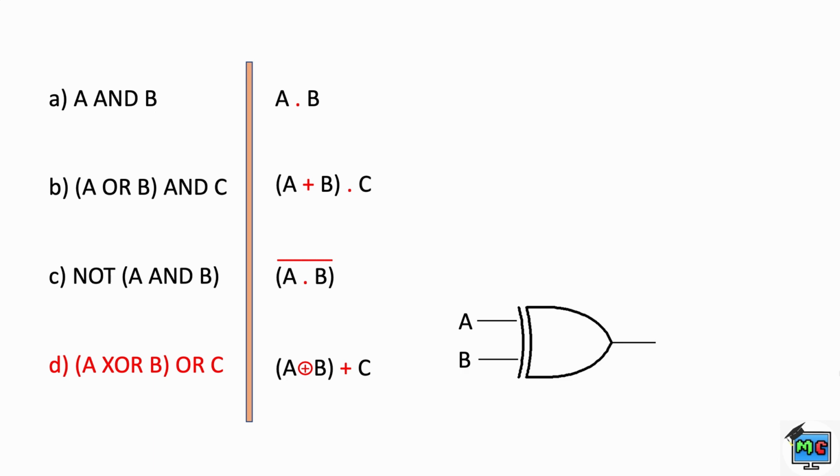Yes, you add the OR gate at the end. This plus sign represents the OR gate. So this means input A and input B going through the XOR gate, and the result of that going through the OR gate, and also input C coming in. And that's your final diagram.